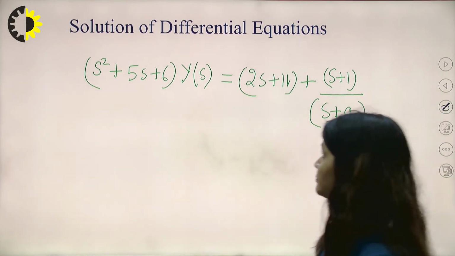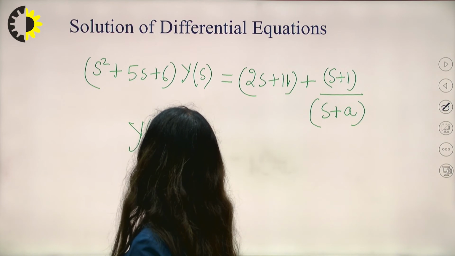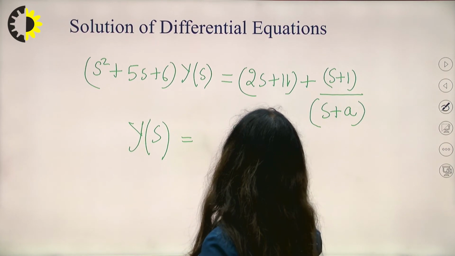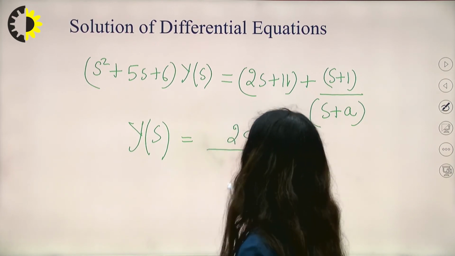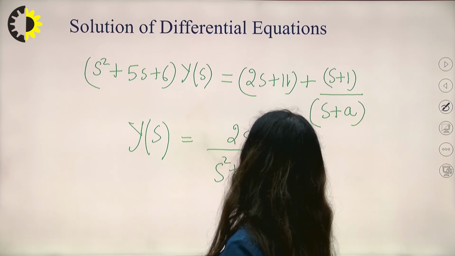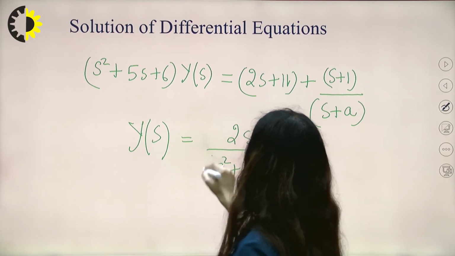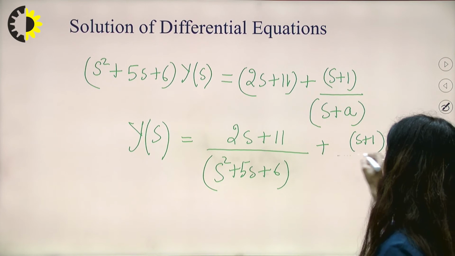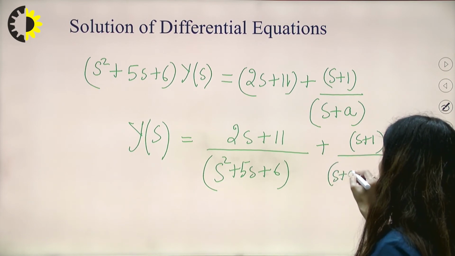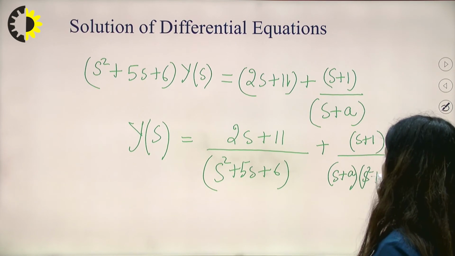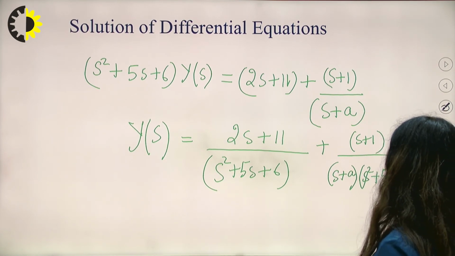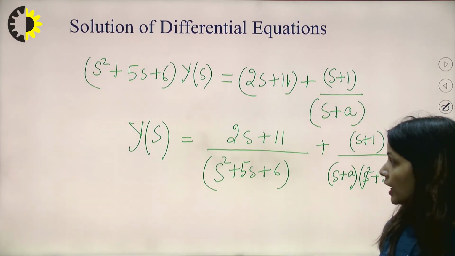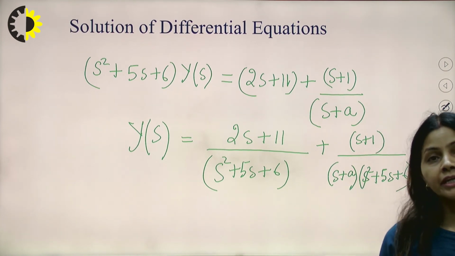Now this Y(s) I can write as (2s + 11) upon (s² + 5s + 6) plus (s + 1) upon (s + a)(s² + 5s + 6). Up to this point we need to reach, and then we can calculate the inverse Laplace transform.